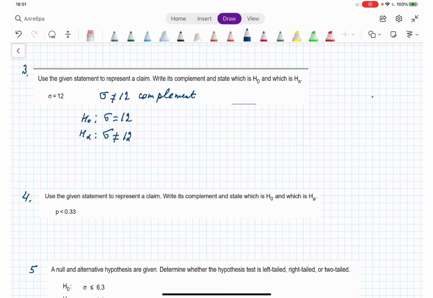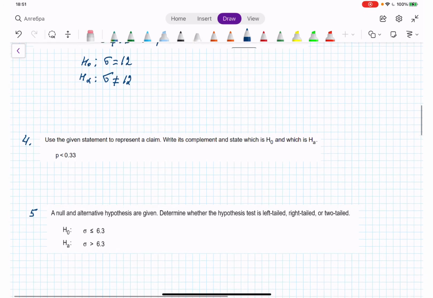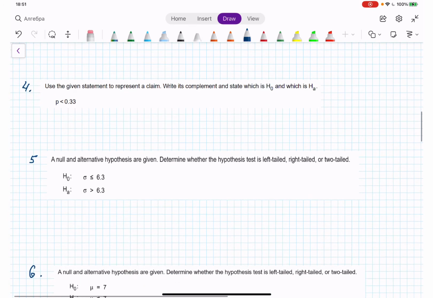Okay, question number 4. Use the given statement to represent a claim. Write the complement and state which one is the null hypothesis and which is the alternative one. So we have P, a proportion, less than 0.33. So the complement is going to be P greater than or equal to 0.33, right?